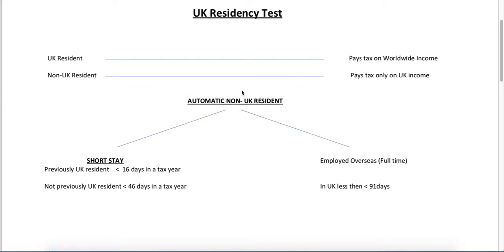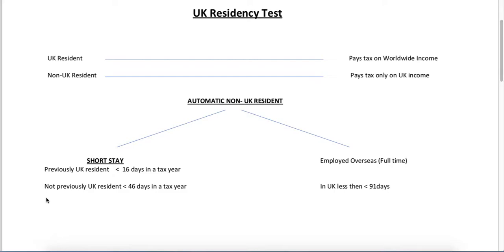Now, there are a few tests which automatically declare you as a non-UK resident. There are two categories of that: either a short stay or your employment status abroad. So if you've been previously UK resident and now you stay less than 16 days in a tax year, you're automatically non-resident in the UK.